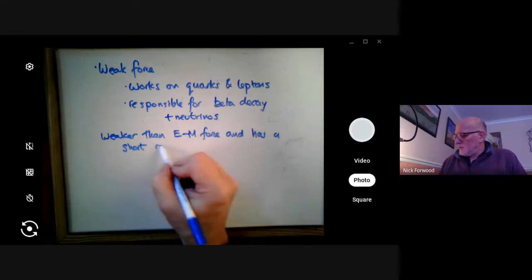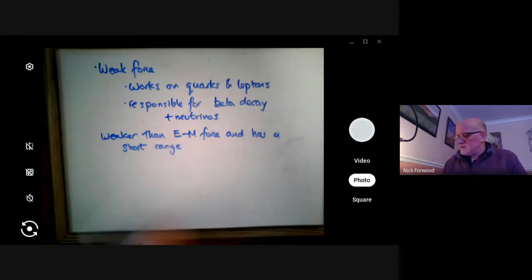And I will put all of these distances and strengths in a table after this, so you can have a look and see how they compare. So that's the weak force. We've got one more. We've got the strong force.